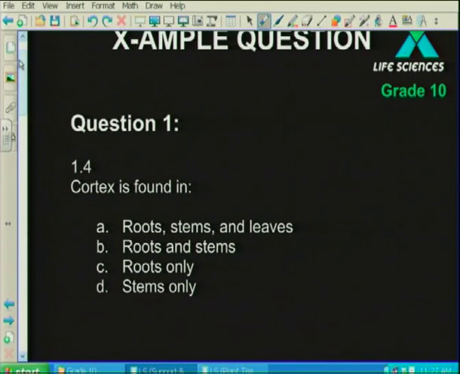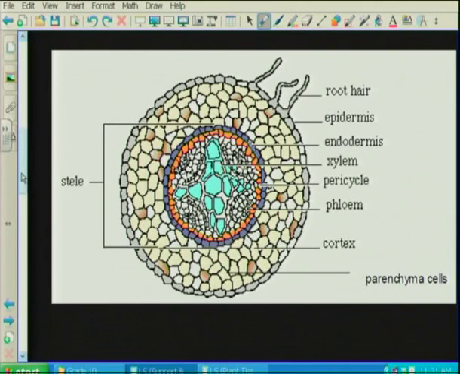So if we move on to question 1.4, where is the cortex found? Do you find it in the roots, stems, and leaves? In the roots and the stems, in the roots only, or in the stems only? Now let's quickly look at the structures of the root, stems and leaves and see if we can find this answer. So this is your root. You get your epidermis on the outside, then you have your parenchyma cells, and there's your cortex.